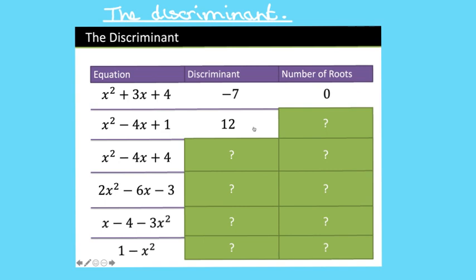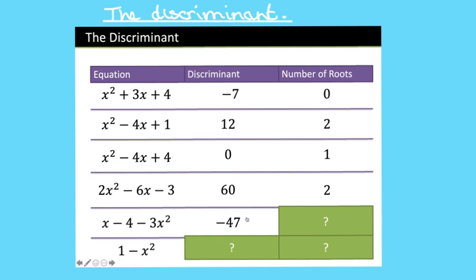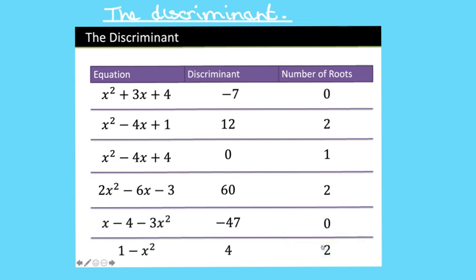The second, the discriminant works out to be 12, which gives you 2 roots. The third, the discriminant is 0, which gives you 1 root. The fourth, the discriminant is 60, which gives you 2 roots. The fifth, the discriminant works out to be minus 47, which gives you 0 roots. And the last one, the discriminant is 4, which gives you 2 roots.